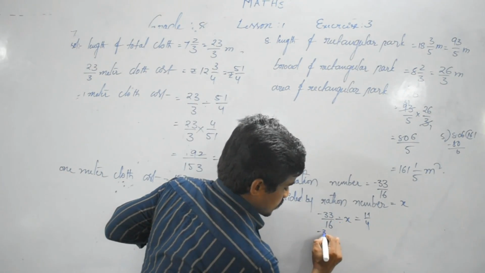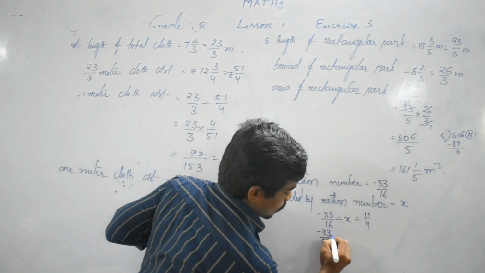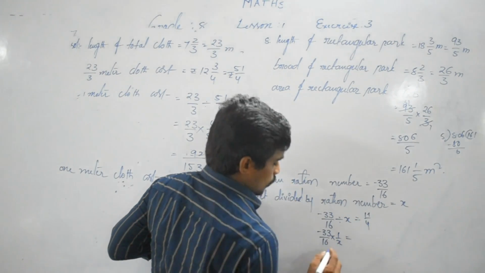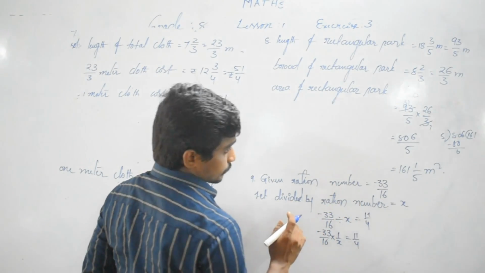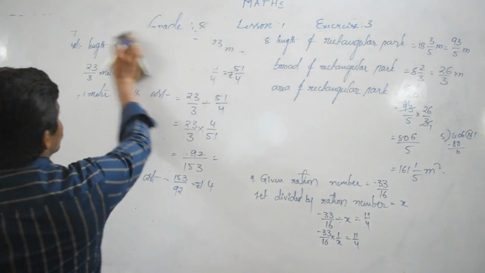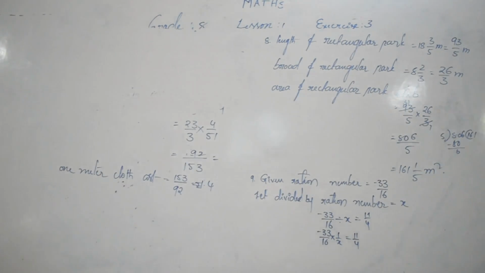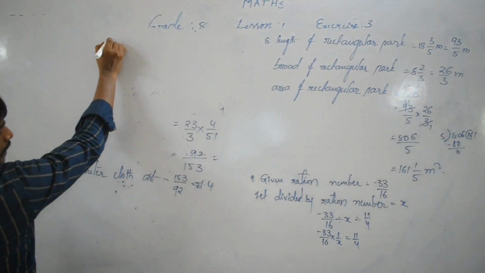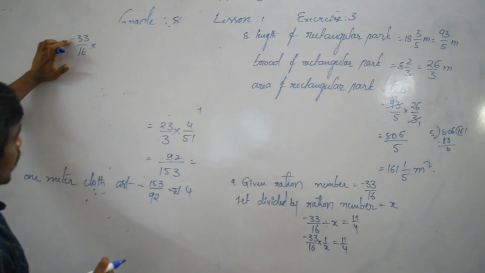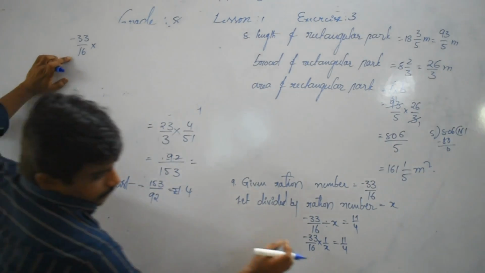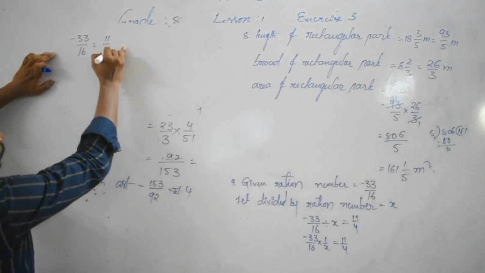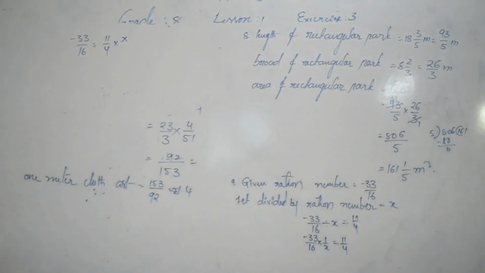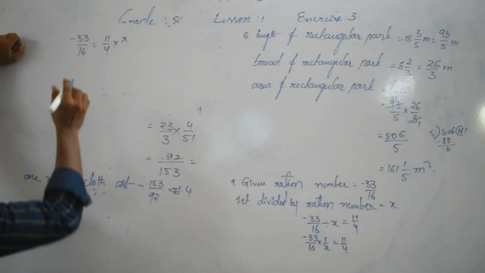So here minus 33 by 16 divided by x equal to minus 11 by 4. Taking the reciprocal, 1 by x equal to 11 by 4, x moving this side.